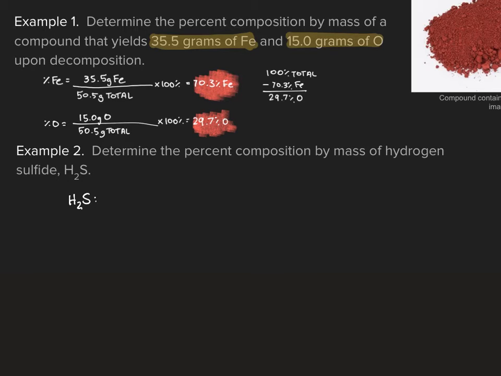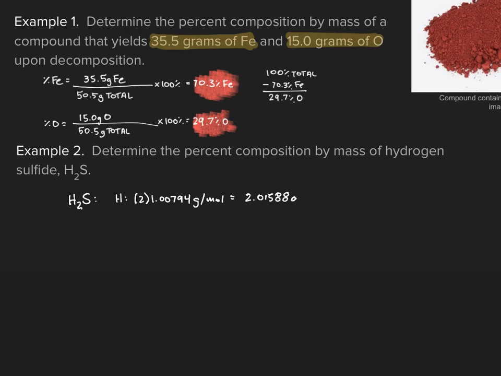The molecular mass of hydrogen sulfide we can find by multiplying 2 times the mass of hydrogen of 1.00794 grams per mole. And when I multiply that out, that gives me 2.01588 grams of hydrogen in 1 mole of our hydrogen sulfide.